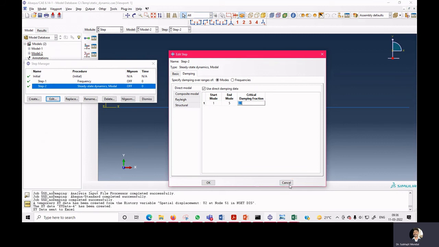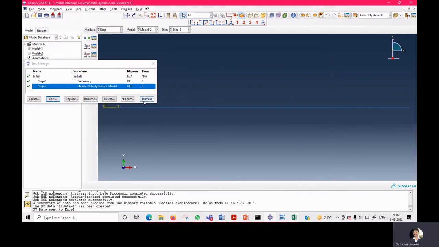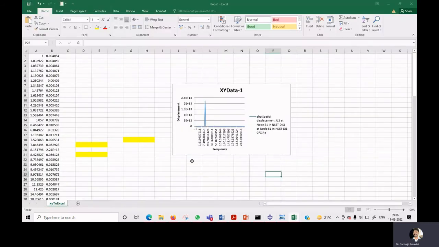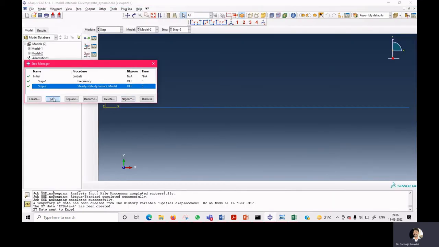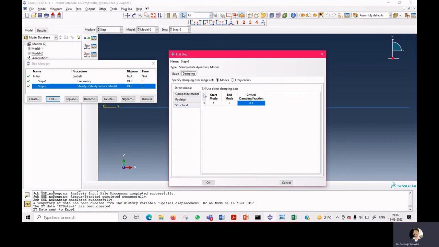Okay, so the initial data, that is your first analysis, corresponds to our XY data 1, that is corresponding to our undamped system. In the undamped system we did not use any damping value here, and in the damped systems we have used different damping values.